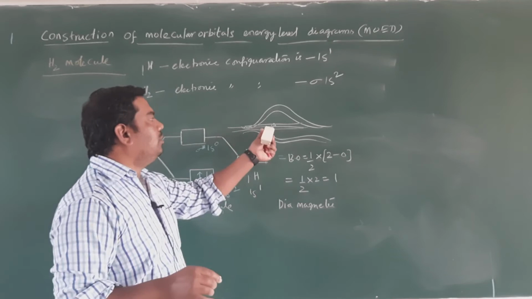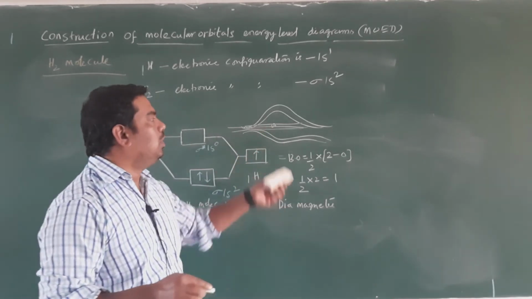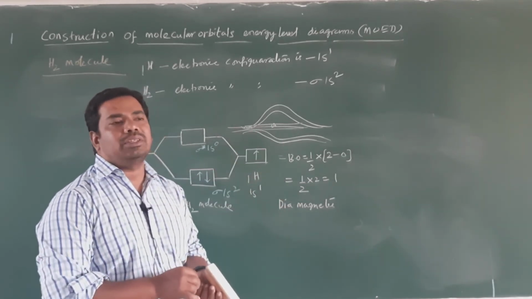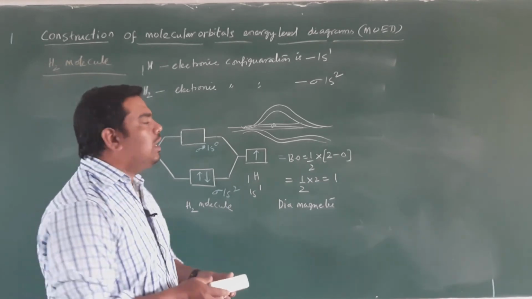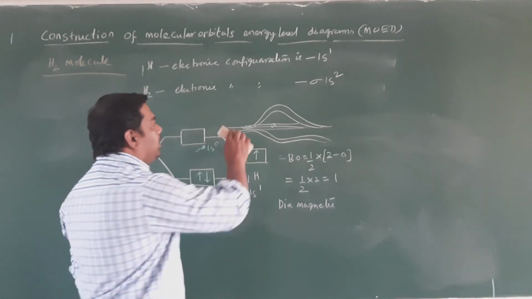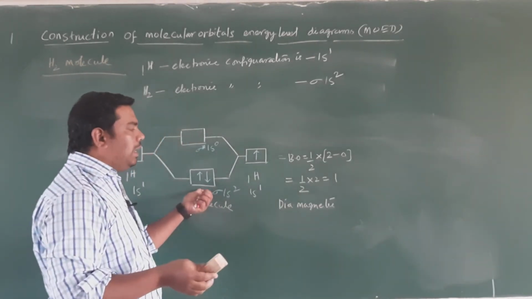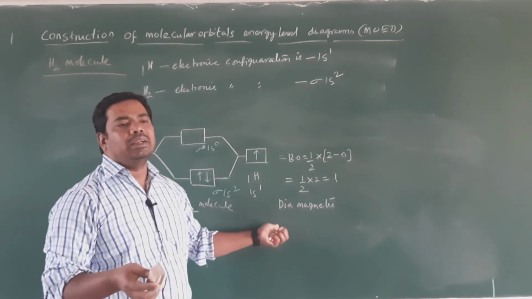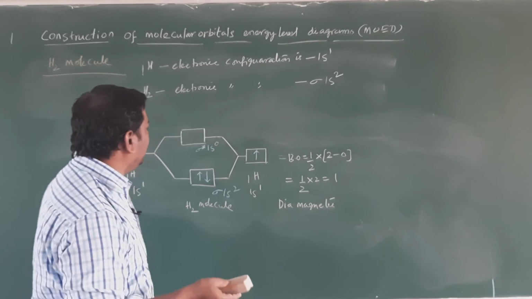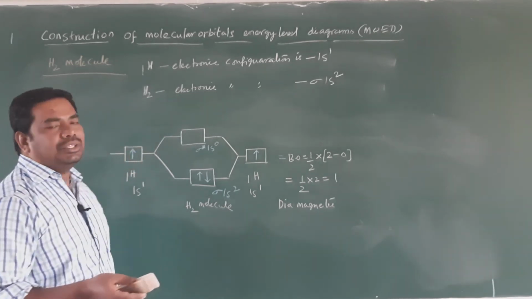But here these electron repulsions are possible, so it repels the applied external magnetic field. That's why, when the electrons are completely paired up, it indicates a diamagnetic property. Clear? So this is H2 molecule.